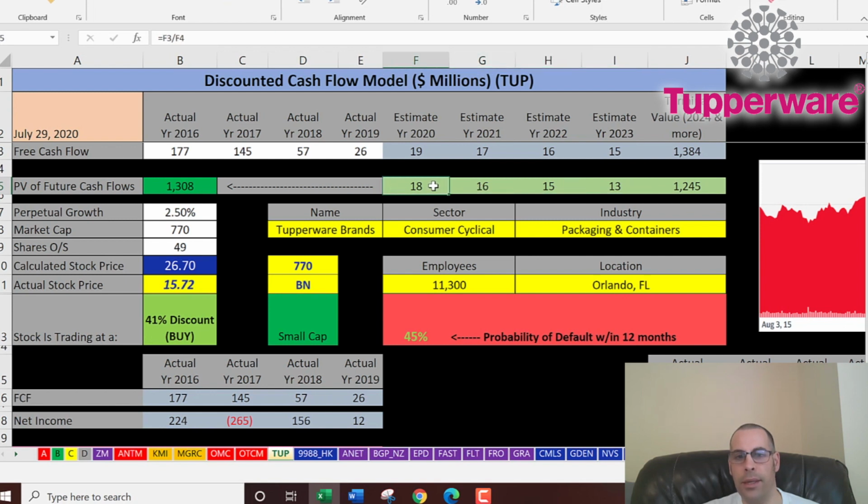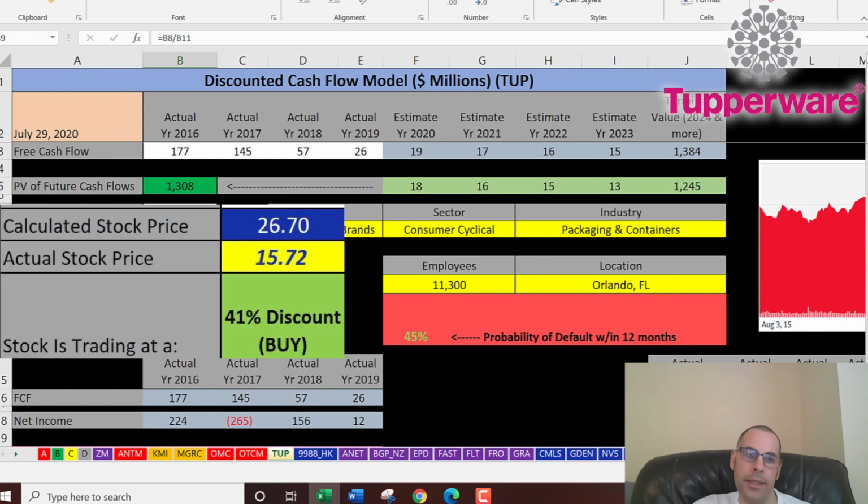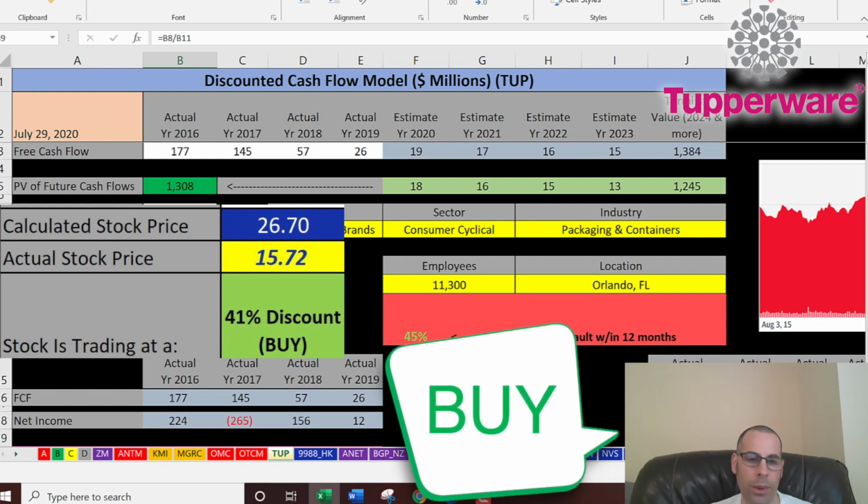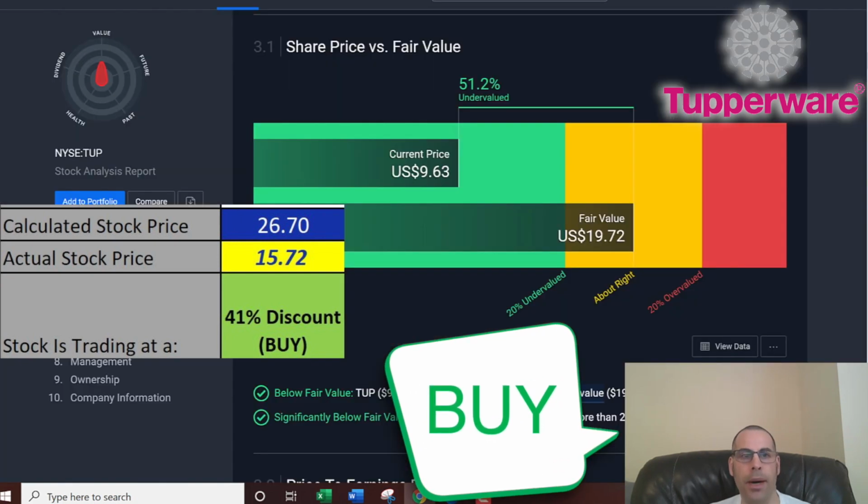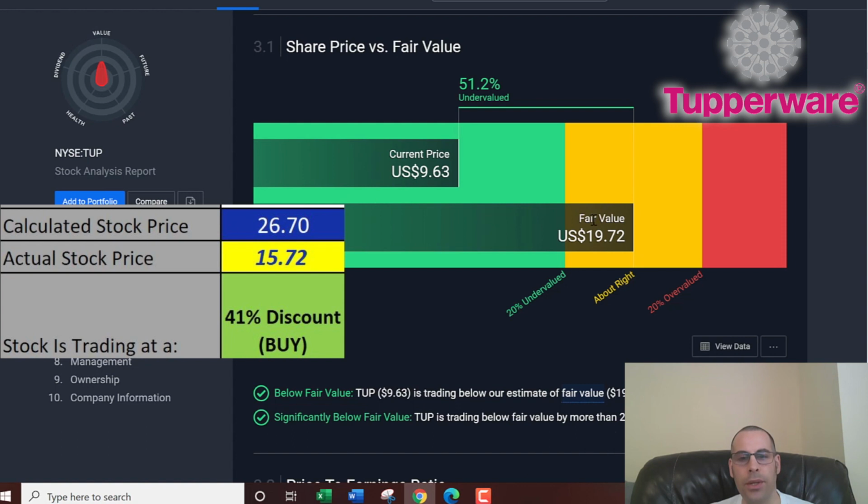That's here in green. If you sum these numbers up, we get a value of the company of $1.3 billion. We divide that by 49 million shares, and we get an intrinsic stock price of $27. It's trading at $16, so it's trading at a 41% discount. So it's a buy according to the model. Simply Wall Street values them at $20, so they're also saying the company's a buy.